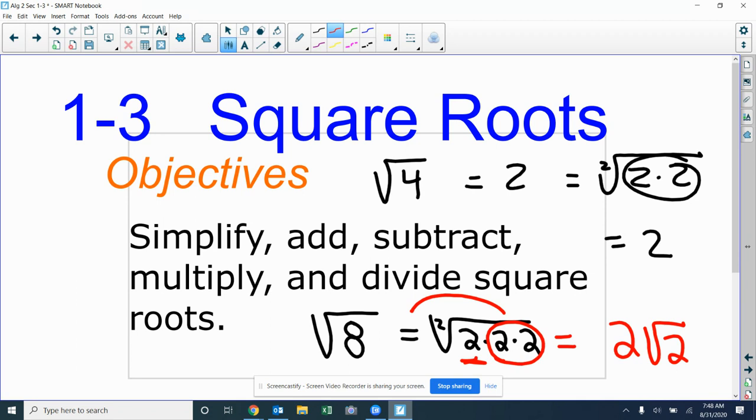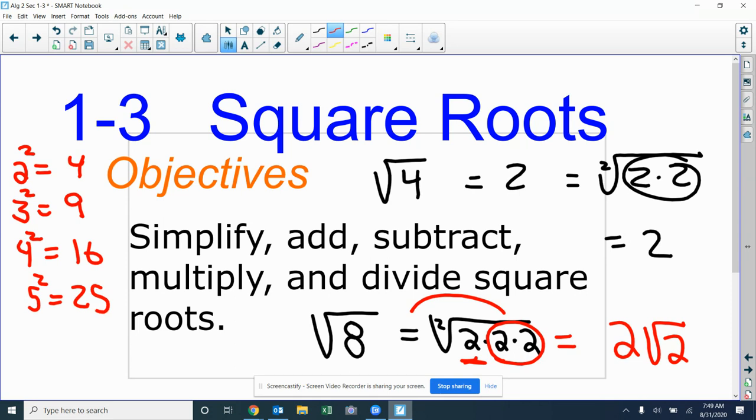So the factoring is one thing. You can look for perfect squares also. So we might want to jot down a couple of perfect squares, if you remember. 2 squared is 4, so there's a perfect square. Of course, 3 squared is 9. 4 squared is 16. 5 squared, 25, and you can keep going there.